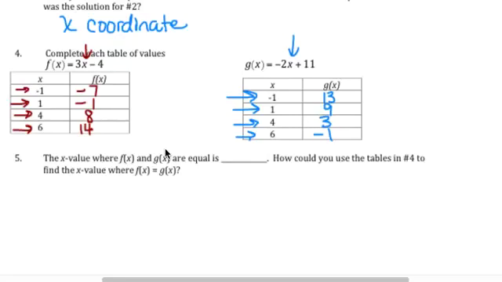Okay. Now, number 5 says the x value where f of x and g of x are equal is what? Go up above to number 1 and 2. The x value where f of x and g of x are equal is 3. They're equal at the x value of 3.